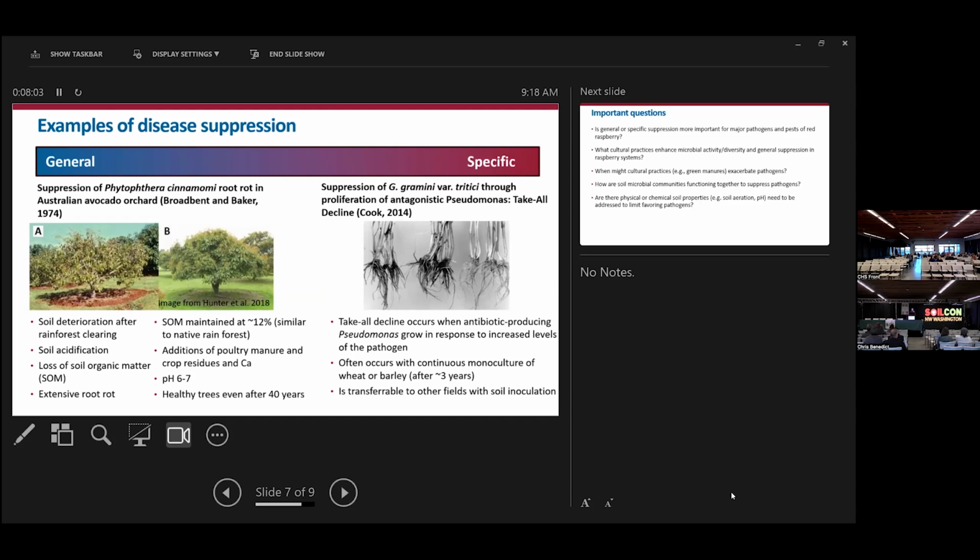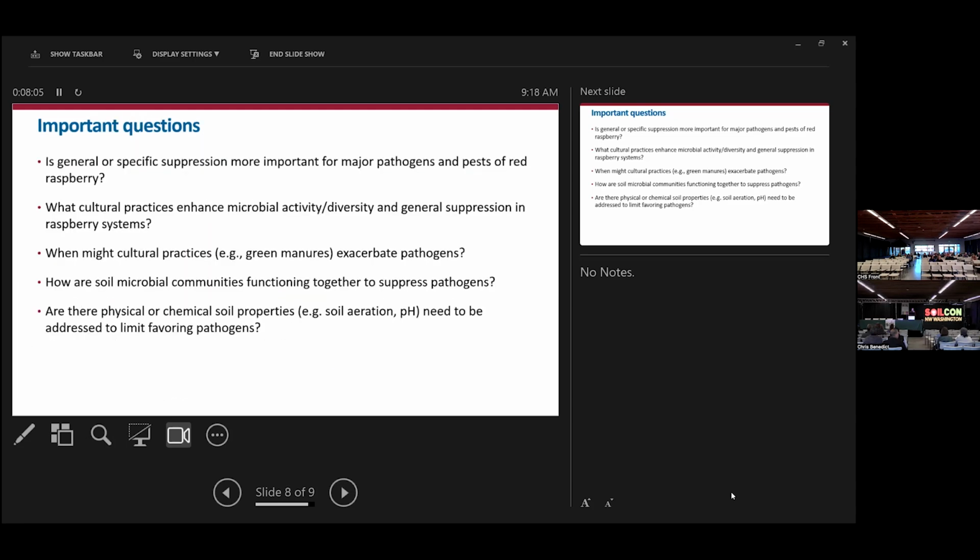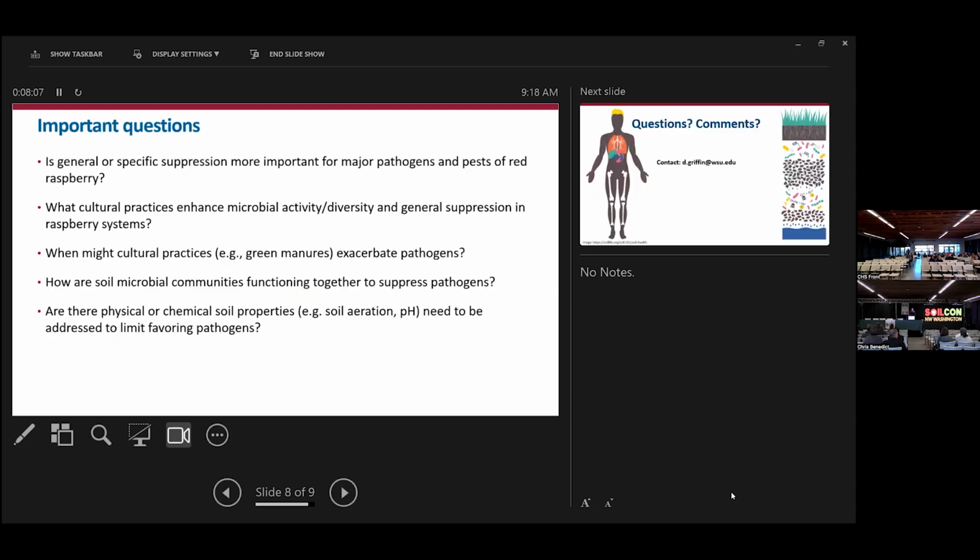As we move into the next few talks, there are some leading questions I want to pose that we need to think about in raspberry systems. Which mechanisms are more at play? Is there more general or specific suppression going on for major pathogens and pests in red raspberry? What cultural practices enhance microbial activity and diversity and general suppression in red raspberry systems?